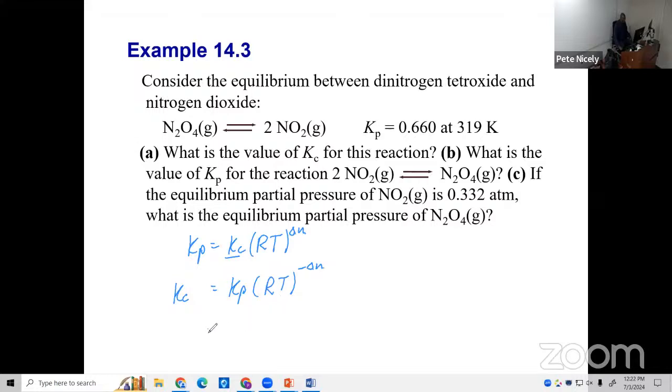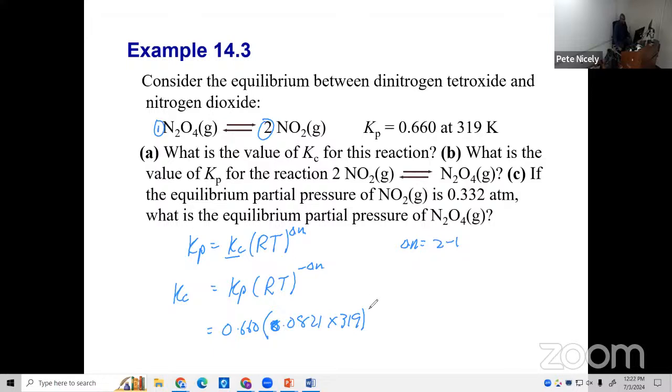So we put the numbers in. Kp is 0.660 times R, which is 0.0821, times the temperature, 319 Kelvin, to the delta n. What is delta n? It's here. Delta n is the sum of the coefficients of the products, which is 2, minus the sum of the coefficients of the reactants, which is 1.